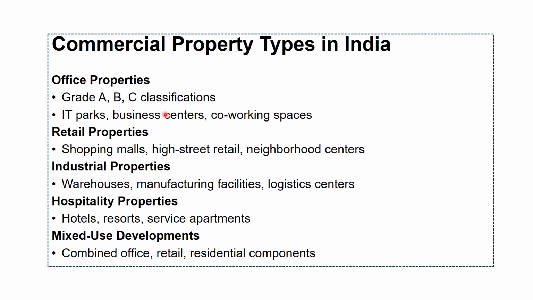Hospitality properties cover hotels and resorts, like those in Goa. Mixed use development, as the name suggests, combines all of these: retail, residential, like Mumbai's Worli project. So there are a lot of different types of commercial properties.